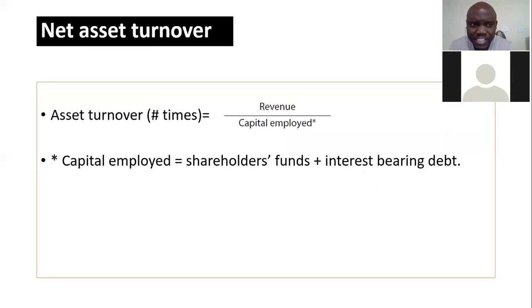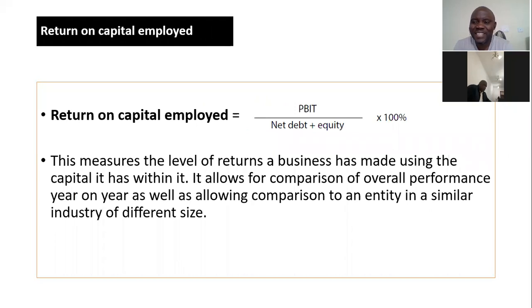Now you also need to look at the net asset turnover. Here the question is, from the capital that we have invested in this business, how much returns are we making? From every kwacha that we have invested, are we making 10 ngwee of that kwacha?